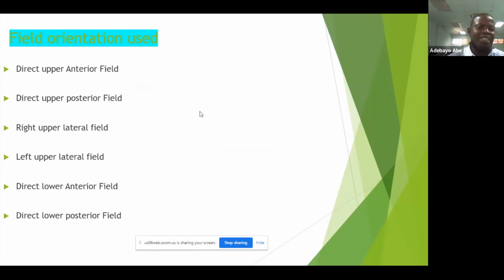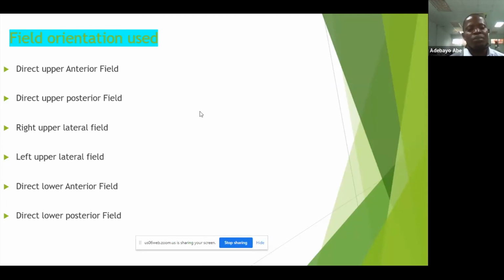In our center, the field orientation used is a bit different from the one recommended by the Stanford orientations. Being that you don't have rotating devices, what we have is only a plain parallel chamber.